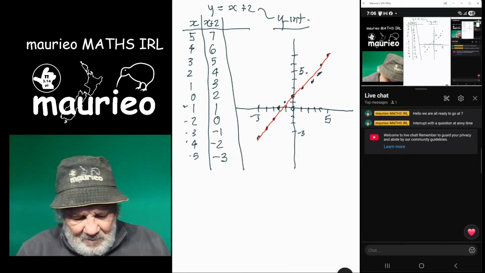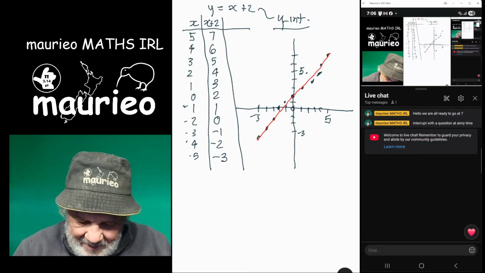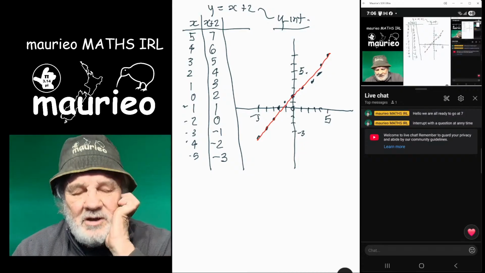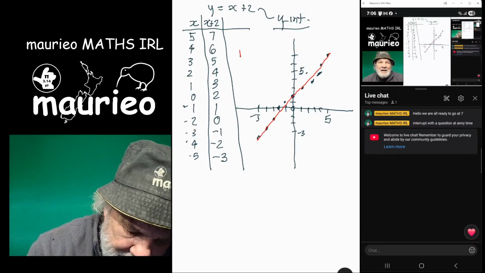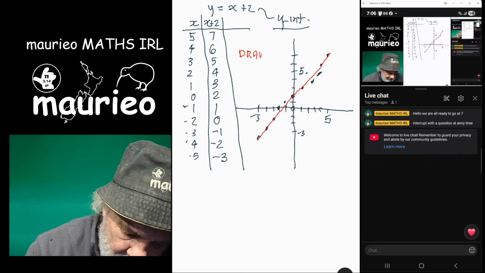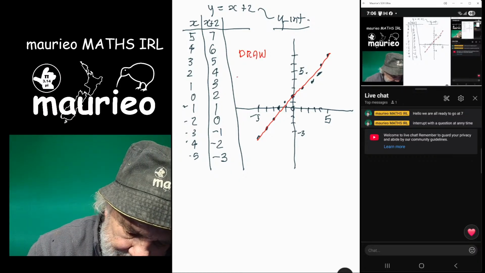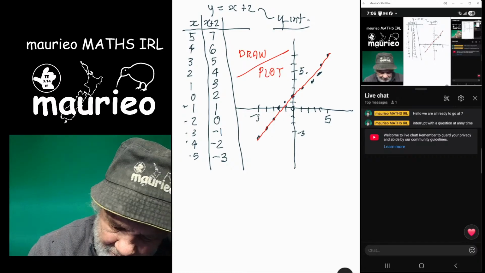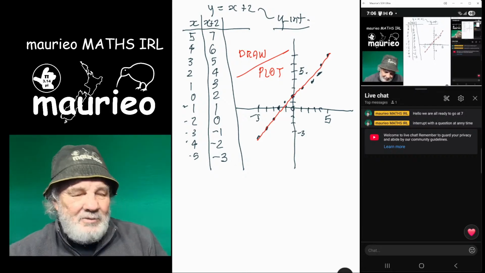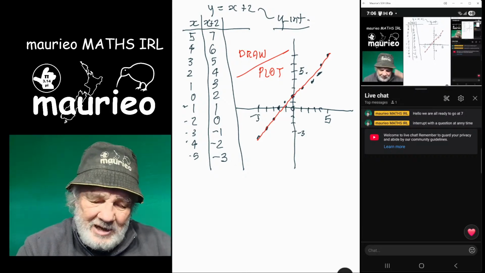So from this, there's a number of things that come out of here. I think the first thing was, this here is what I would say draw or plot. And typically we'd do this on gridded paper, and we'd do it to, you know, a scale.